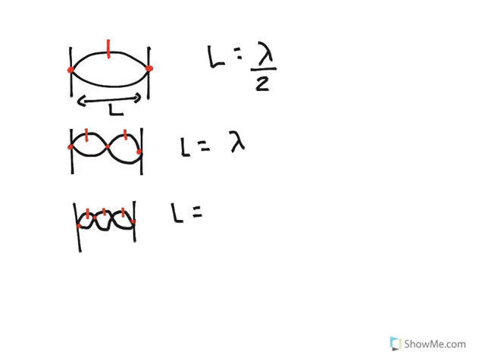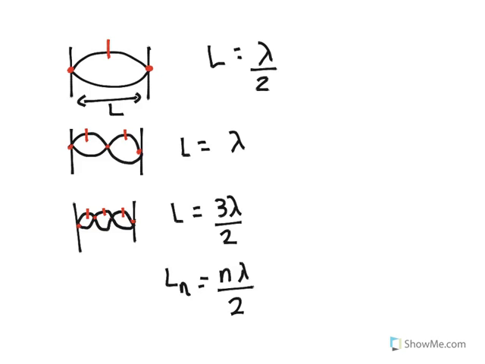In the third, the length is 3 halves of the wavelength, and so on, such that the length could be n lambda over 2. These are called the harmonics: if n equals 1, it is the fundamental wave, and the second harmonic is when n equals 2, and so on.